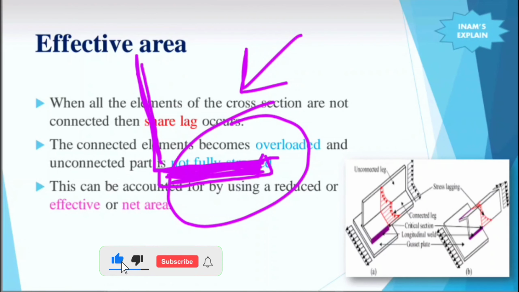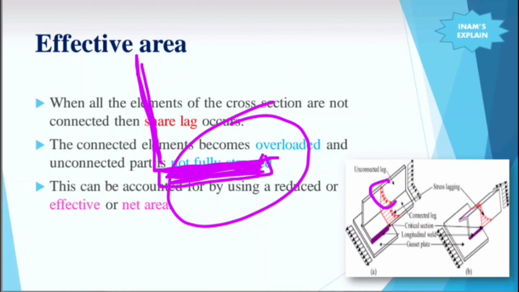Here you see that this is the connected element. Here the stresses are more, and in the unconnected member the stresses are less. So the connected member becomes overloaded, and the unconnected member is not fully stressed.